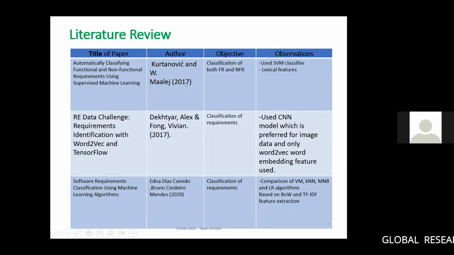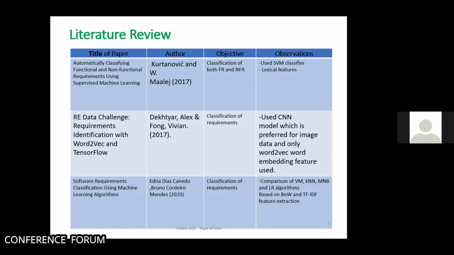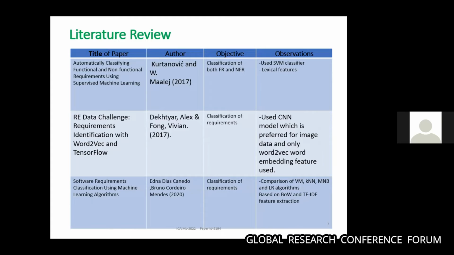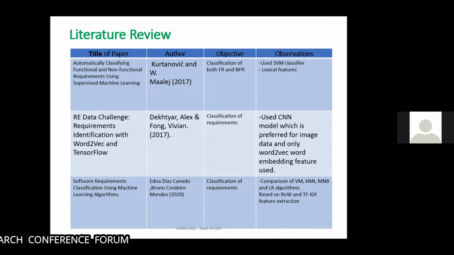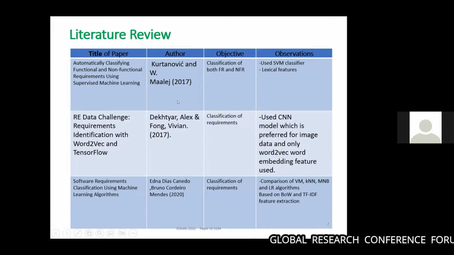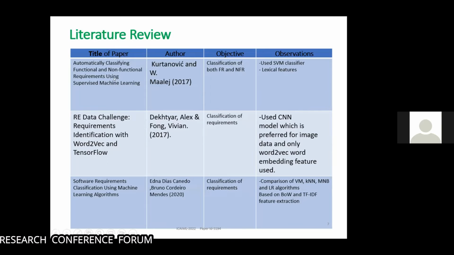So these are some of the papers which helped us in identifying that there are certain papers which are relying on the functional and non-functional requirement. The first paper is talking about the automatic classification of the functional and non-functional requirement. They are using a PROMISE data set and expanded their data set for classification and automation of the classification.